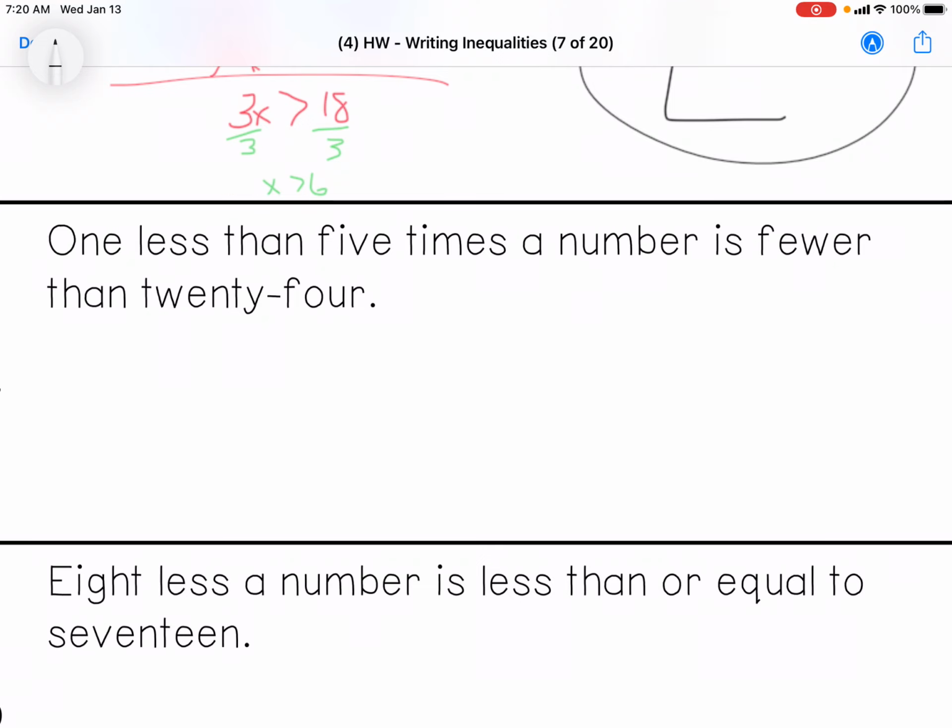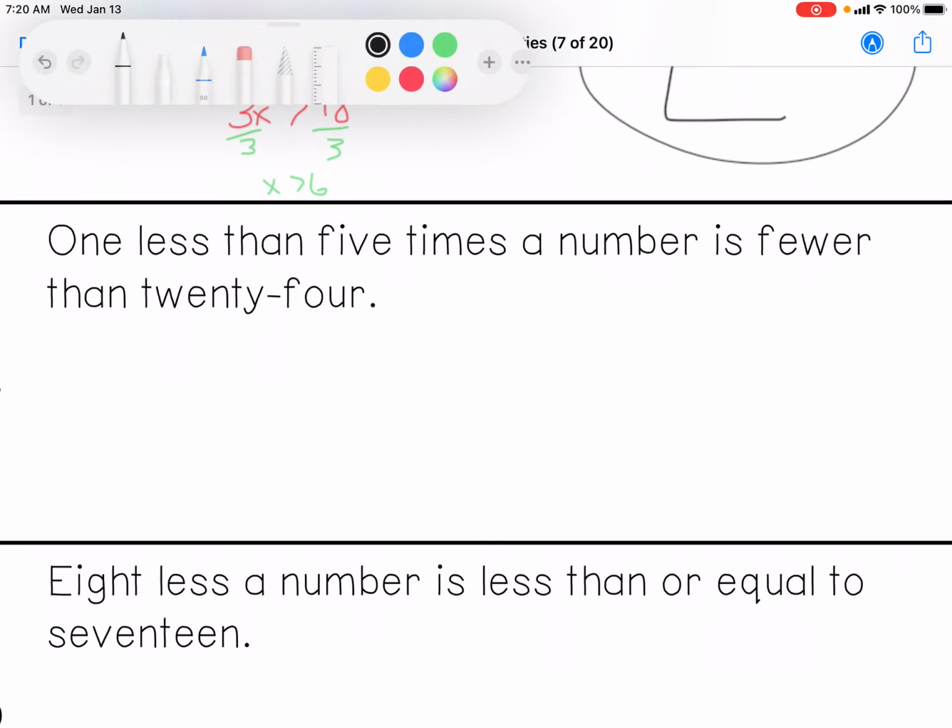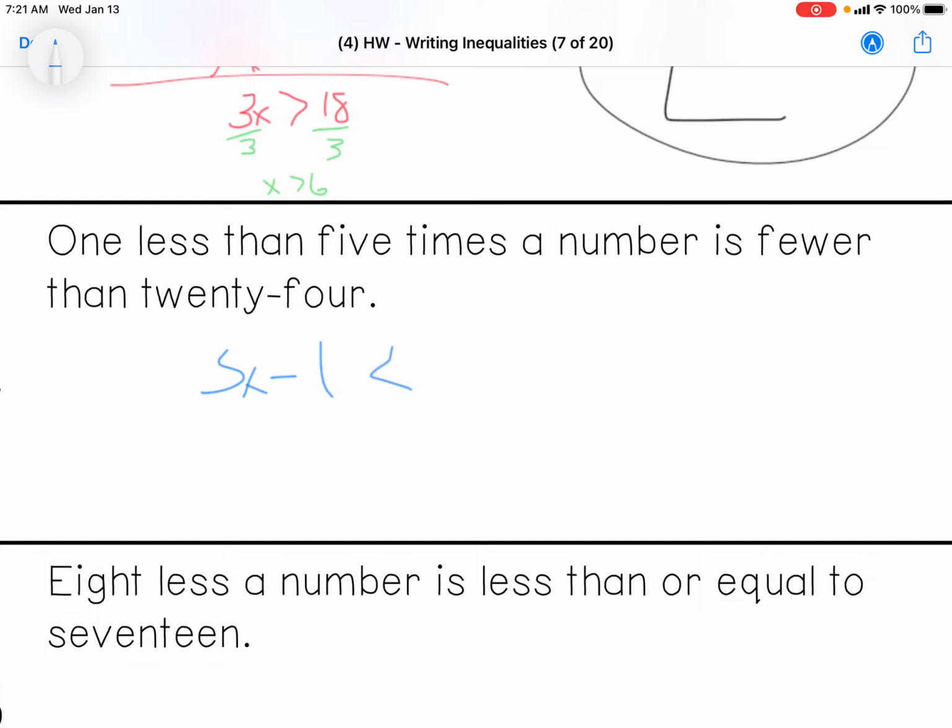Number 2, 1 less than. Less than means subtract, but it also means put whatever comes next first. So 5x minus 1 is fewer than 24. Fewer than is the same thing as less than 24.